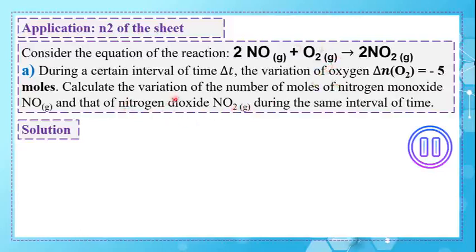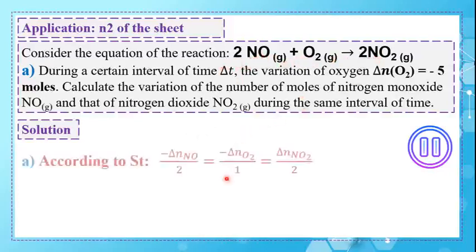So if you want to calculate the variation of the number of moles of NO, which is also a reactant, if we are going to refer to the stoichiometric coefficients of the reactants and the product, we say that n of NO over 2 is equal to n of O2 reacted over 1 is equal to n of NO2 produced over 2.